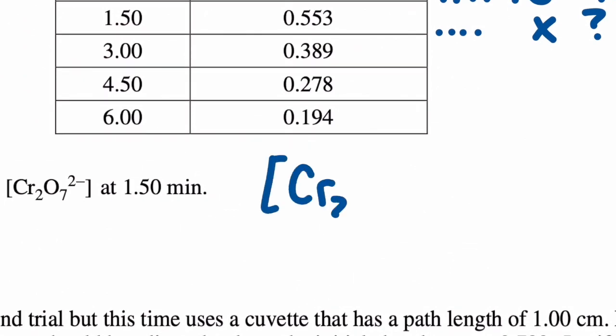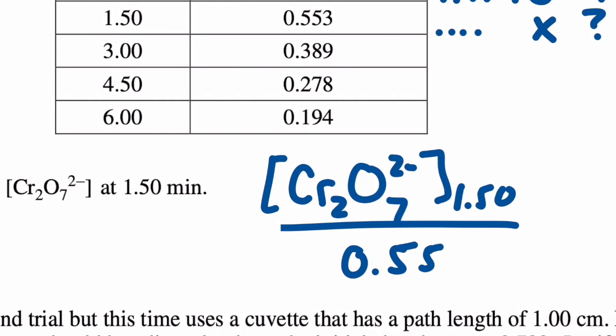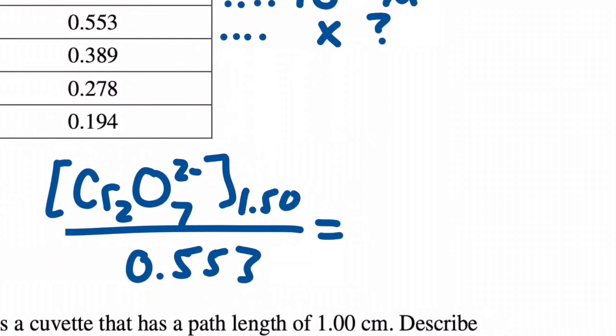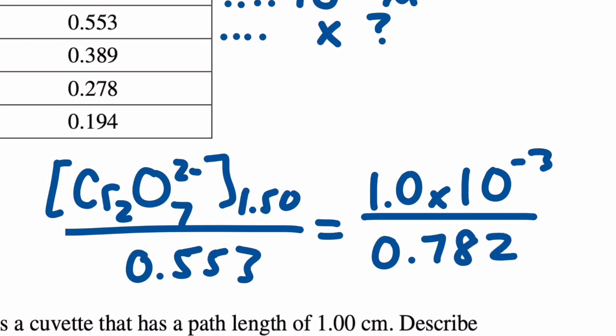The unknown dichromate concentration, Cr2O7 2-, at 1.50, divided by the absorbance of 0.553 is equal to the initial 1.0 times 10 to the minus 3 divided by the initial absorbance.